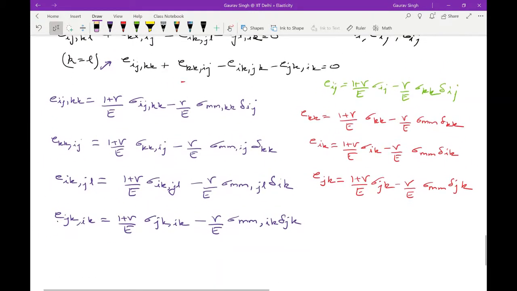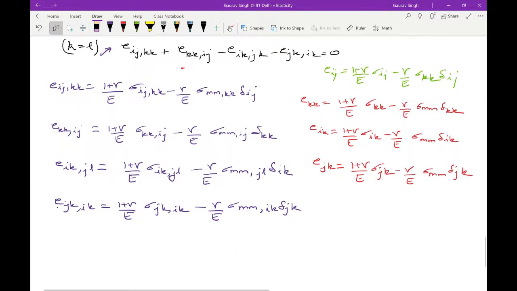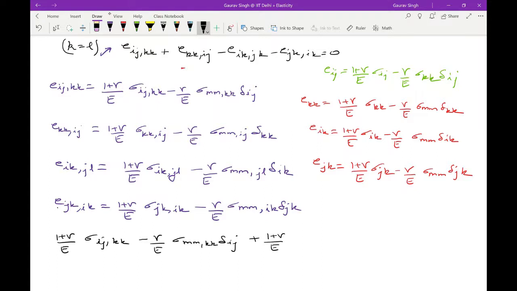So Eij,kk is (1 plus nu) by E sigma ij,kk minus nu by E sigma mm,kk delta ij, plus Ekk,ij, which can be written as (1 plus nu) by E sigma kk,ij minus nu by E sigma mm,ij delta kk.